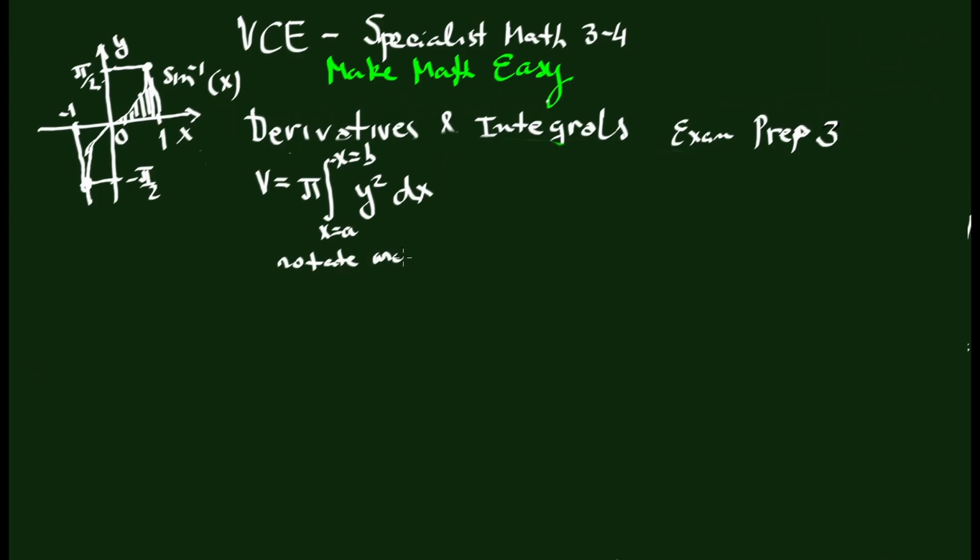And that's the volume when rotating around the axis. The formula for rotation around the y-axis is just to swap y and x here. So here y, here x, here y. So what does that become?